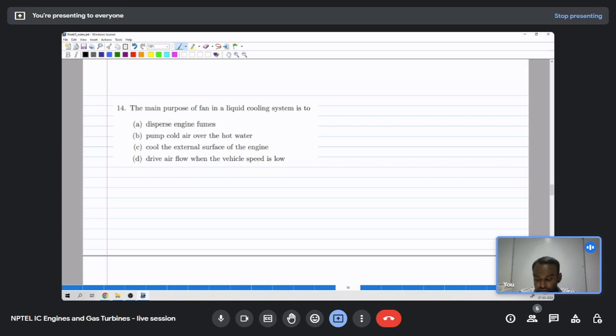Can you answer this? The main purpose of the fan in a liquid cooling system is to pump cold air over hot water. So we have this radiator.